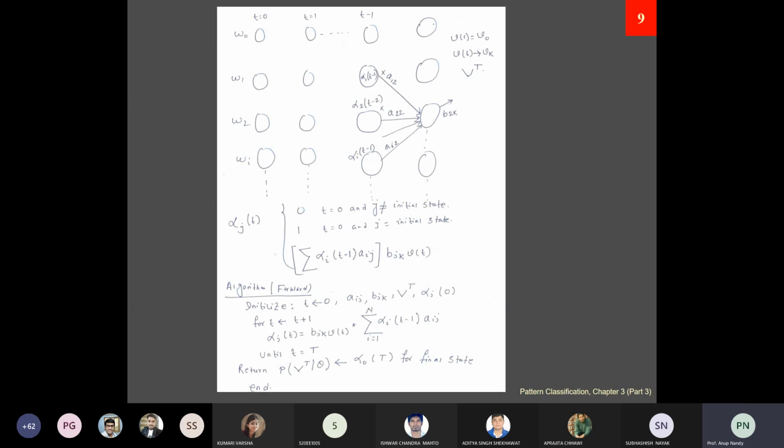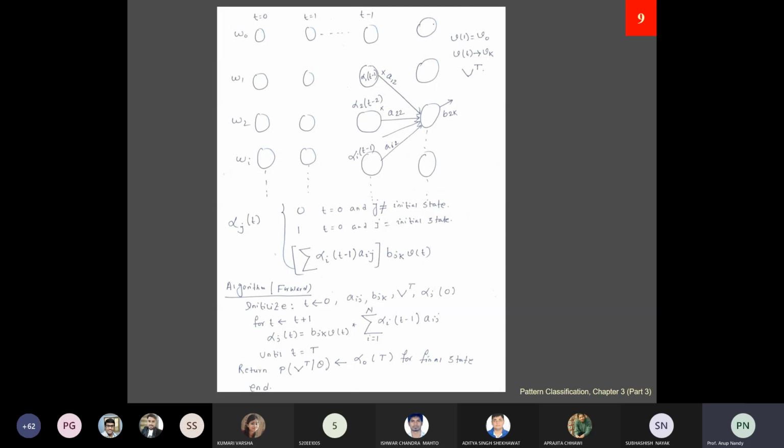So alpha jt means the probability that the model is in a particular state j at time instance t after emitting an output symbol. That should be computed in this way. Alpha jt is equal to 0 if t is equal to 0 and j is not an initial state.